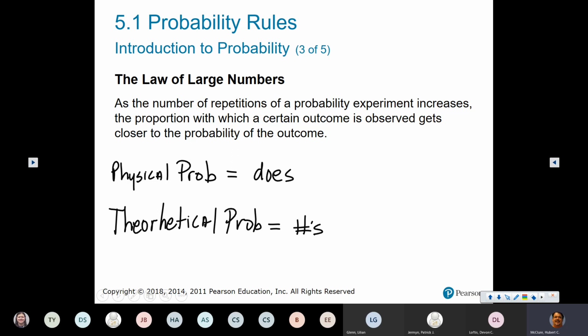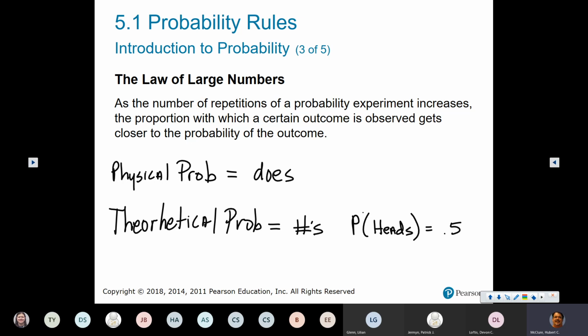Let me give you an example. The theoretical probability of heads on a coin is 50%, 0.5. Because there's one side that's heads and there's two sides of a coin. So 1/2 is equal to 0.5.